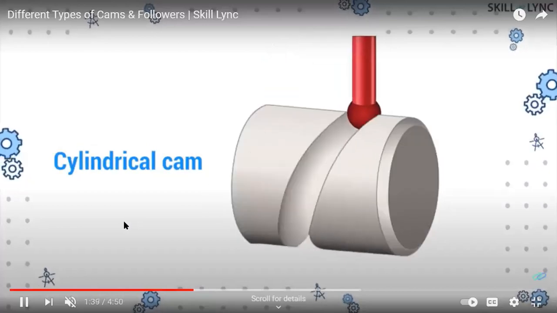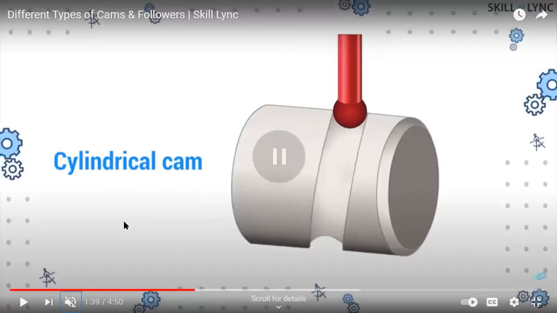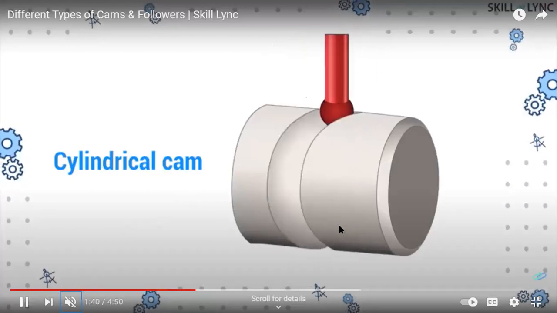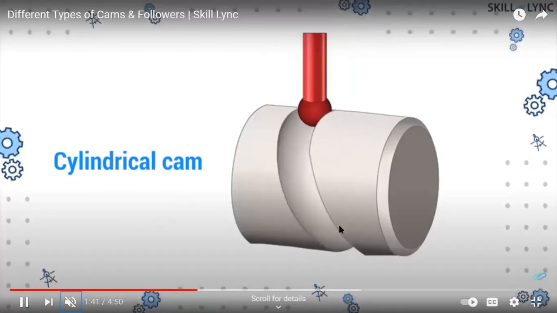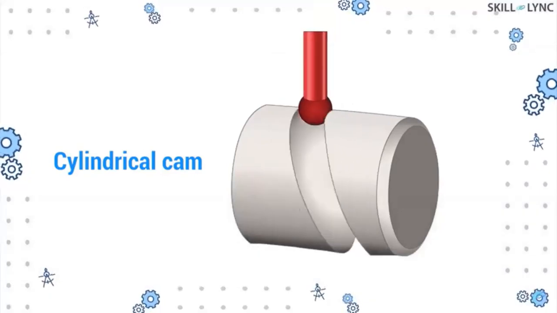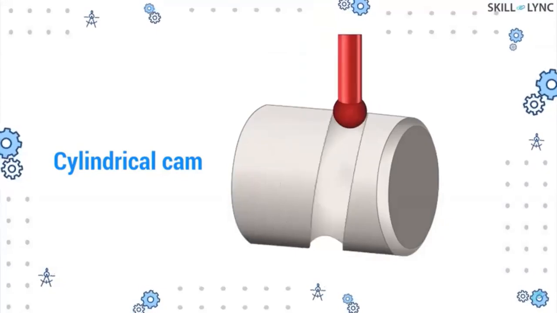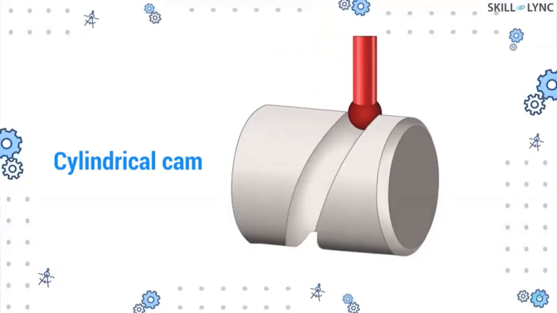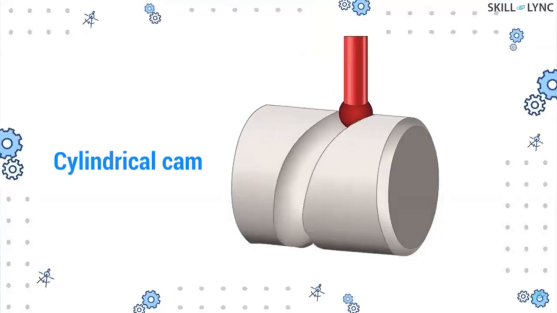The second one is the cylindrical cam. You can see it in the picture also. A groove is cut in the cam, and in that groove only the follower is used to move. So that is the guide path of this follower.